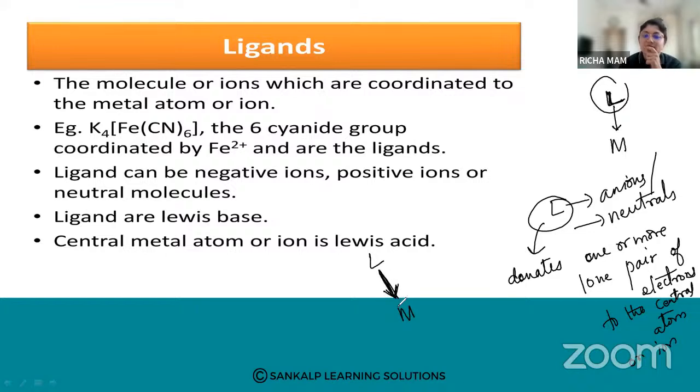Only because of this coordination bond are the ligand and metal bound. So this is a donor atom. It donates one or more lone pairs of electrons to the central atom or ion. Is it clear?